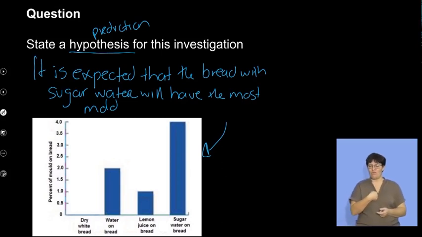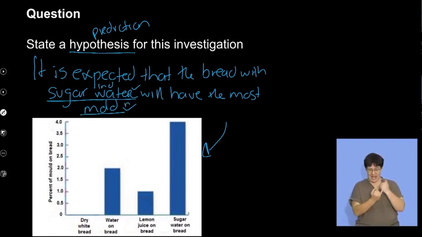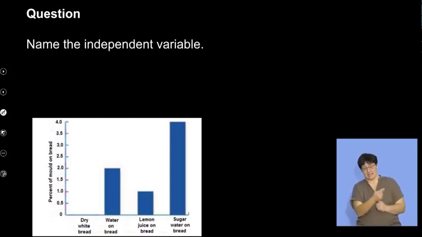So I'm being lucky here. I'm saying, yes, I can see the results. It is expected that the bread with sugar water, there's my independent variable, will have the most mold. And there is my dependent variable. Nice, 3 marks for my hypothesis if I was going to give you the marks.